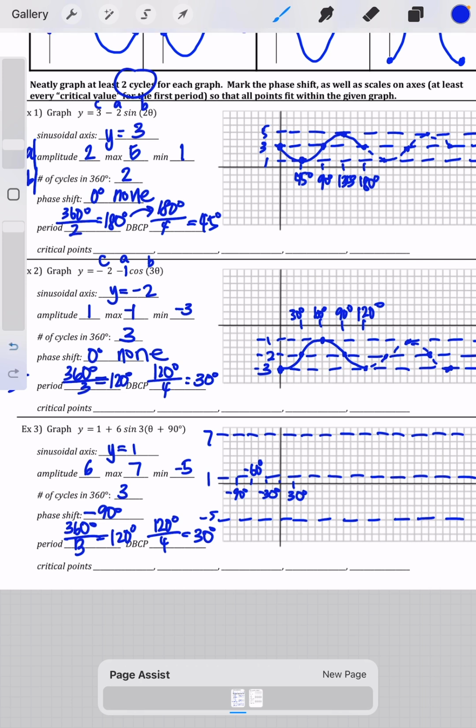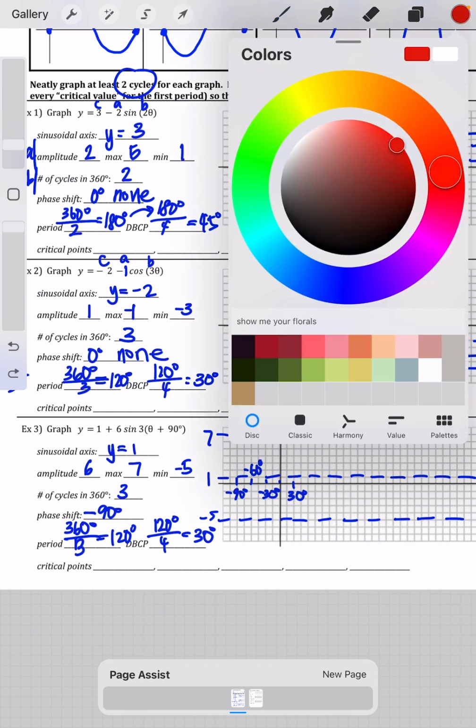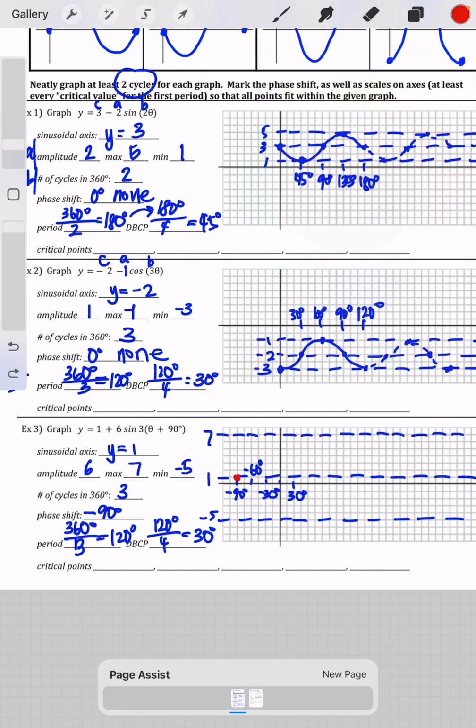Maybe I'll use a different color just so that we can be more clear now. Right here in the midline, right? This one, just to be clear, notice, this positive tells us that we're going up for our next graph. So I just wanted to show you that it's not always up, down, and it's not always up, right?